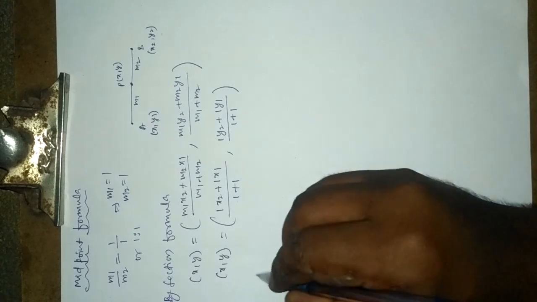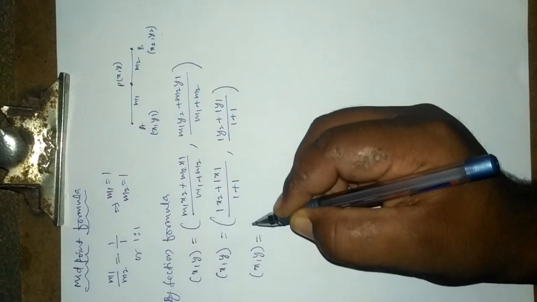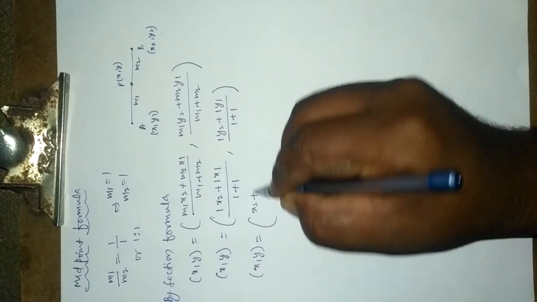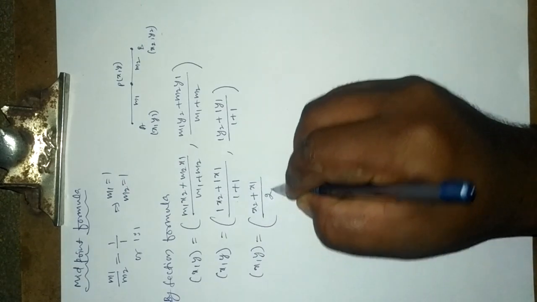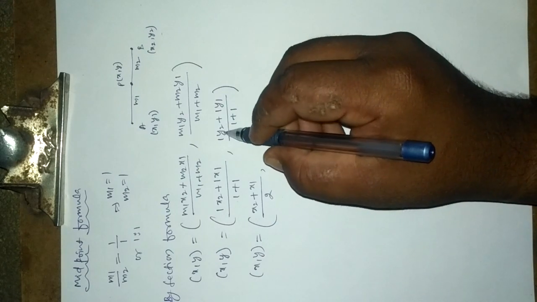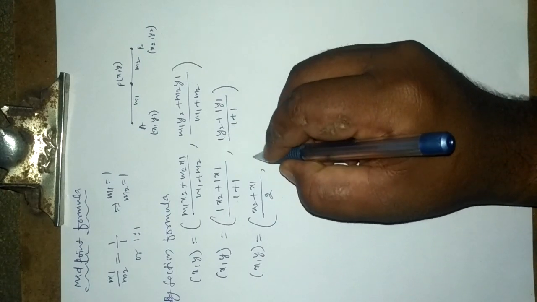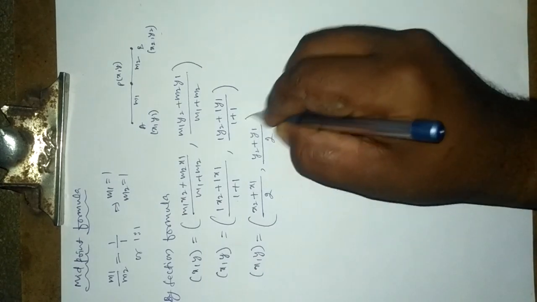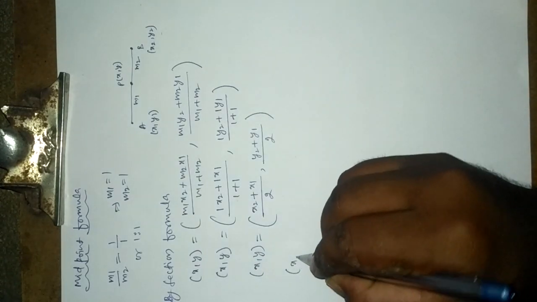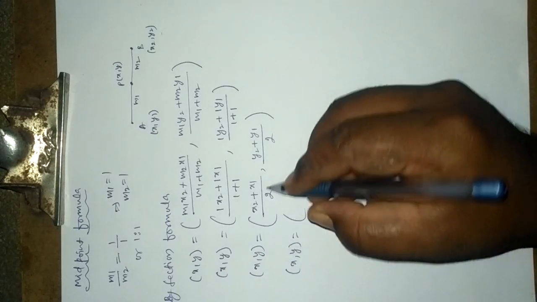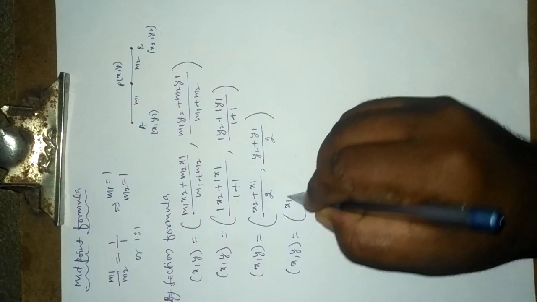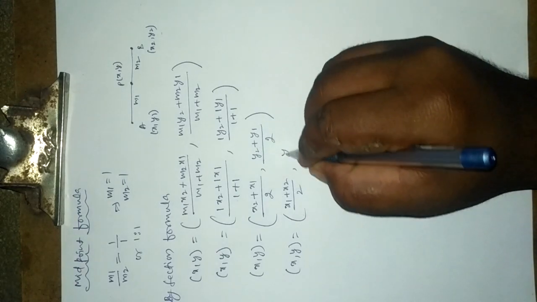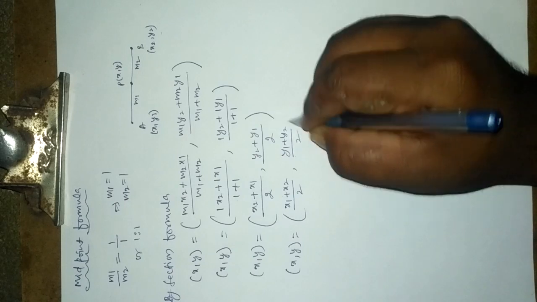So x comma y is equal to 1 into x2 is x2 only, x2 plus x1 divided by 1 plus 1 which is 2, and 1 into y2 is y2 plus 1 into y1 is y1 divided by 1 plus 1 which is 2. So what we have to say? x comma y is equal to x2 plus x1, which we can write as x1 plus x2, divided by 2, and y2 plus y1, which is y1 plus y2, divided by 2.